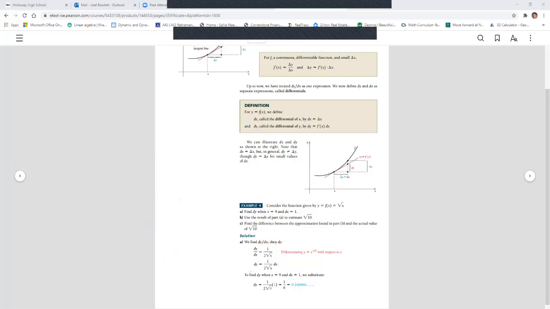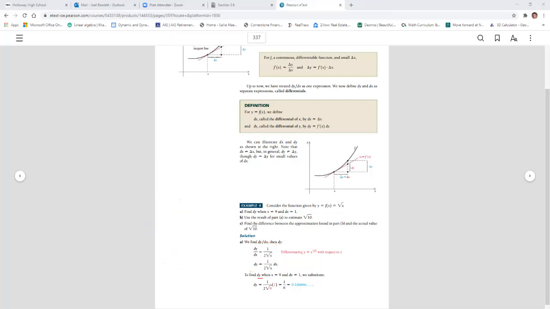If you want to know dy when x is equal to 9 and dx is equal to 1, just plug in 1 for dx, plug in 9 for x, and you can estimate dy to be 1/6, which is approximately 0.16 repeating. So there is dy.